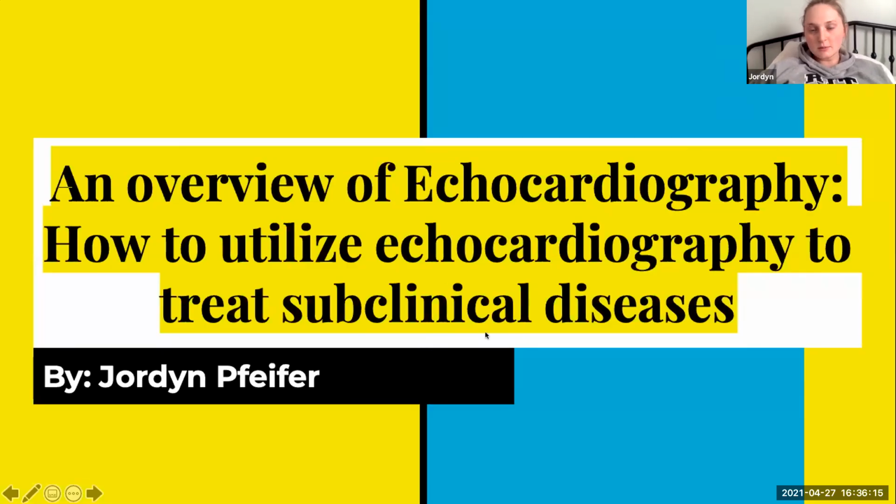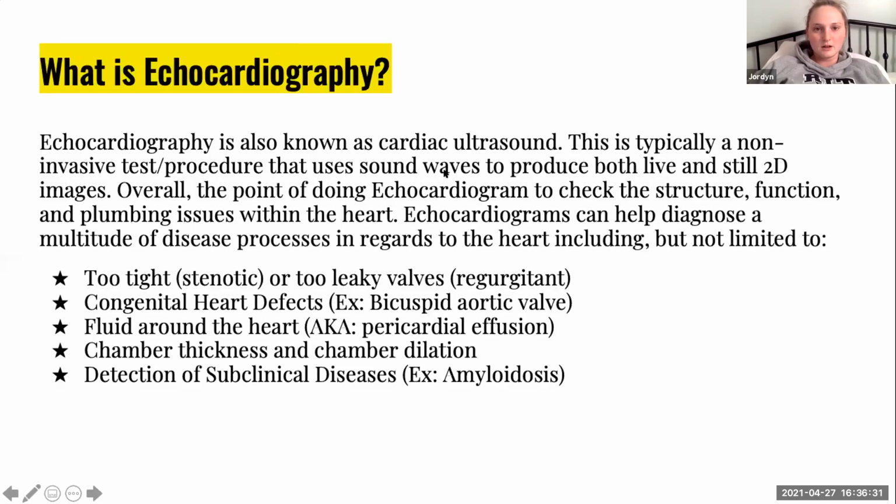Okay, so my topic is going to be an overview of echocardiography, and I'm going to go through some of the tools that we use in echo to treat subclinical diseases like amyloidosis, and I'll go more into it, but here's our first slide. So echo is just cardiac ultrasound. We typically use it to rule out diseases or as a screening tool.